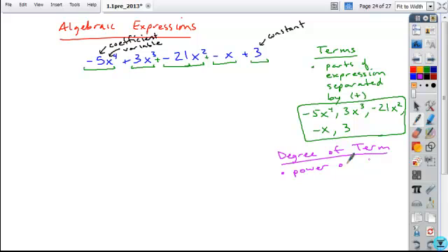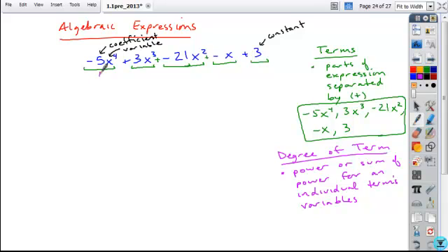Okay, so the degree of a term is the power, or the sum of powers, for an individual term's variables. All right, so when you look at each individual term, those terms could be identified by their degree, and the degree is just the power or the sum of powers of their variables.